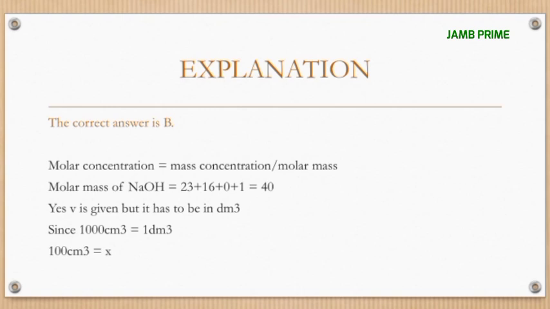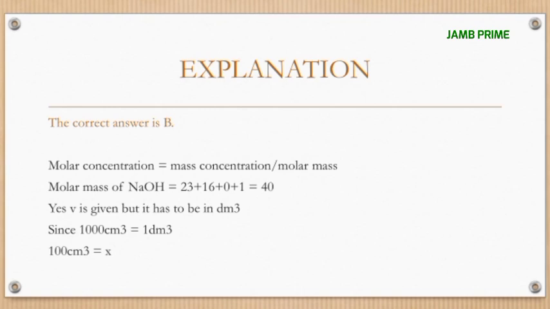If you want to do something like this, you can say the molar mass of sodium hydroxide is: sodium, we have 23, plus oxygen, which is 16, plus 1, which is hydrogen. Everything will actually give us 40.